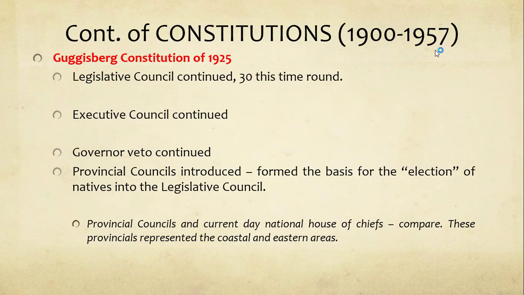And this 1925 Constitution was actually contained in three separate documents. If we look at the literature, the Gold Coast Colony Legislative Council Order in Council, dated 8th April 1925.